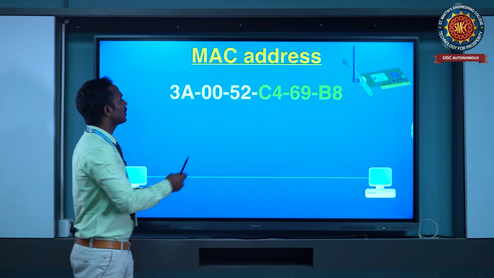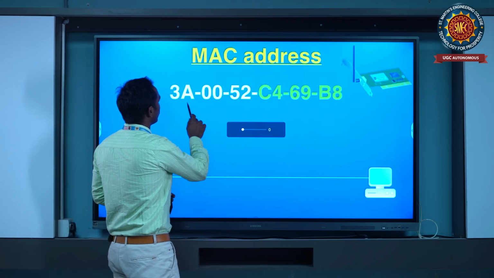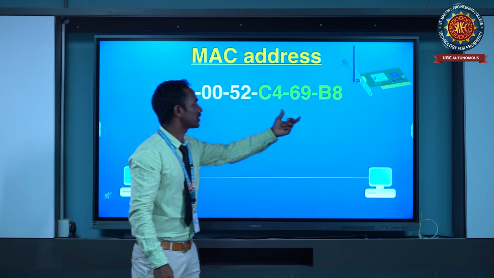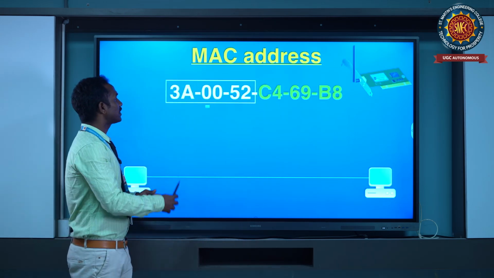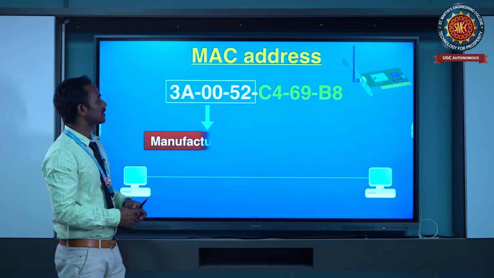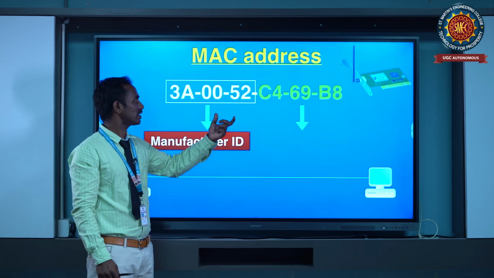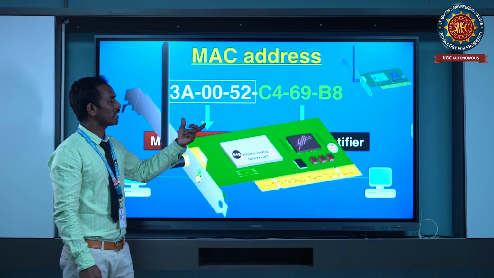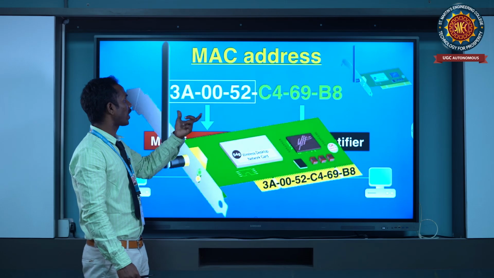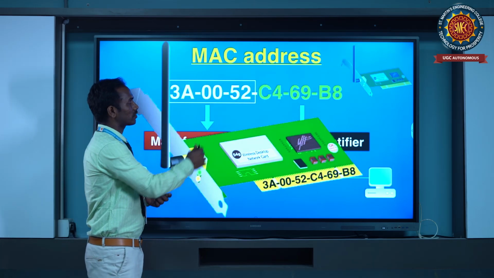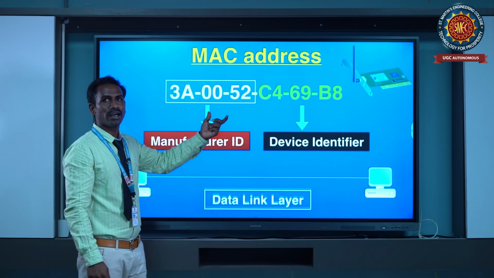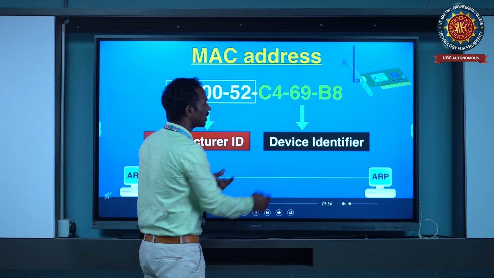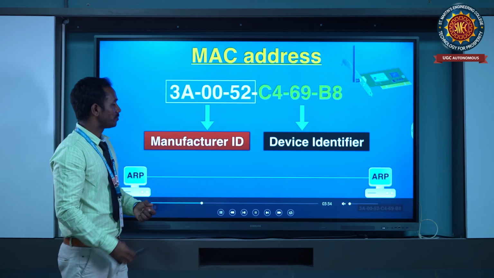In the MAC address, the first half is the vendor ID and the next half is the user ID. The MAC address is the physical address. The physical address is 12 hexadecimal digits, and 1 hex digit is 4 bits. The total bit length is 48, of which 24 bits are the vendor ID. After 24 is the device ID.